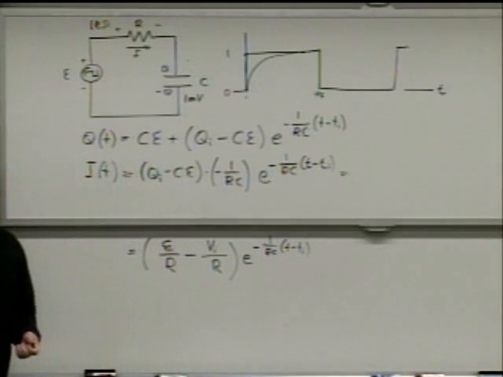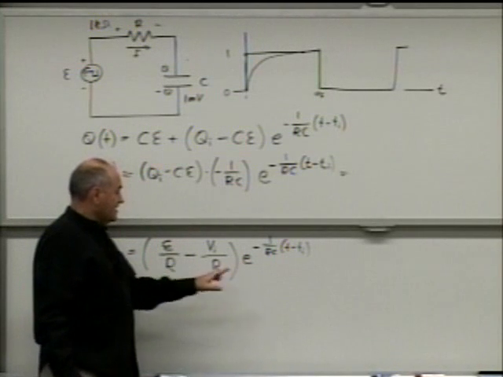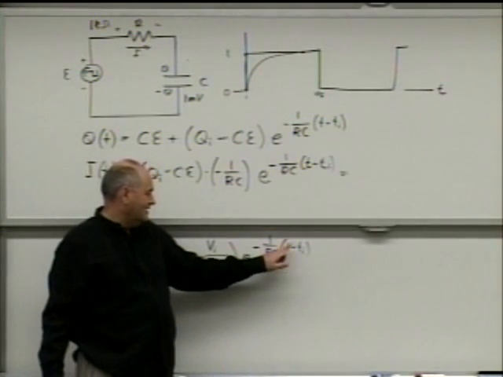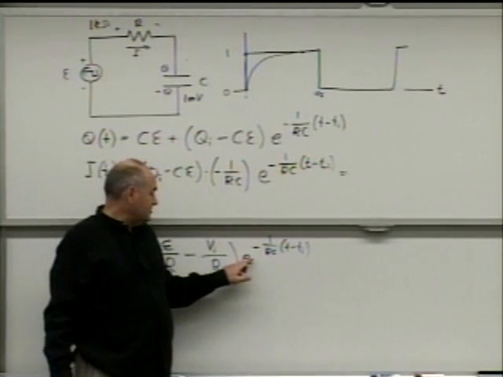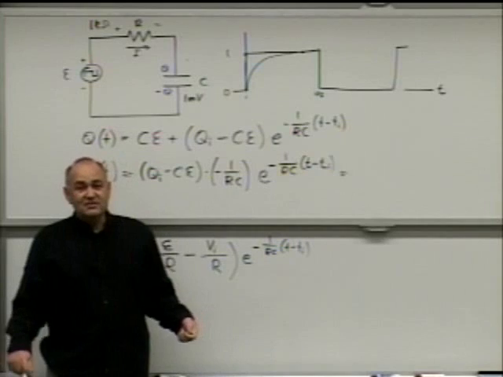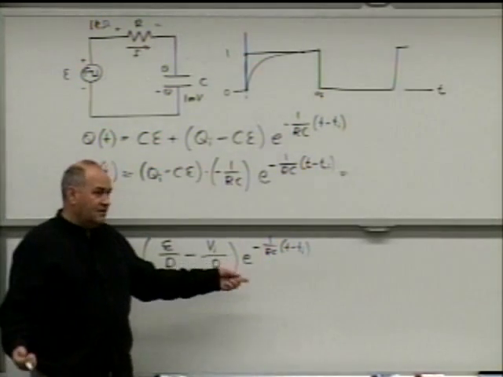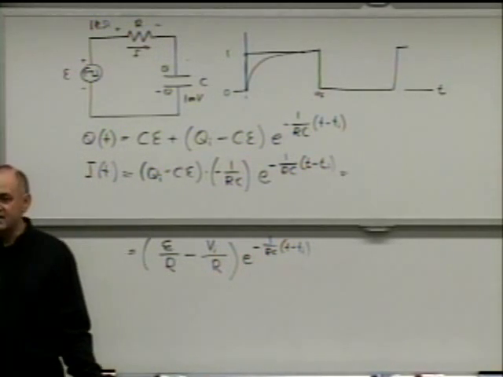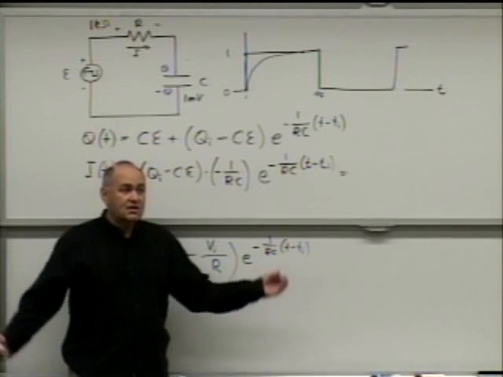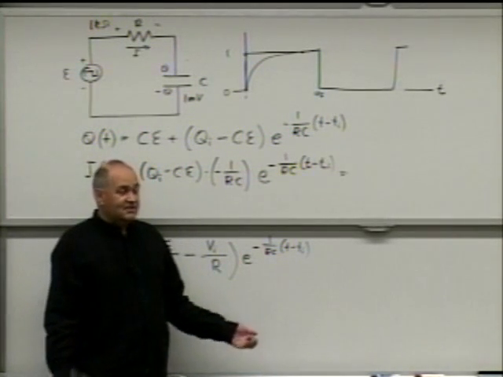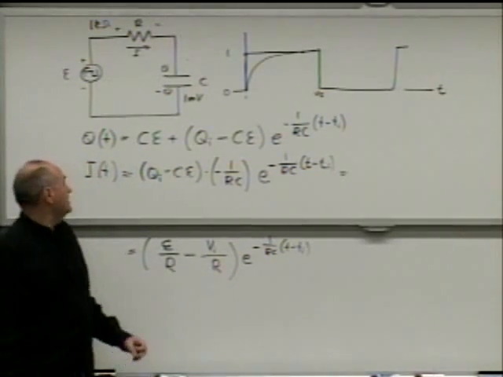Let's see what will happen after 1 second. Well, this factor doesn't change, but over here we will have 1 second over 1 second. So it is e to negative 1, which means that what will happen with the current? Now recall that e is approximately 3. So here we will have 3 to minus 1. 3 to minus 1 is 1/3, which means that the current after 1 second drops to its 1/3 value.